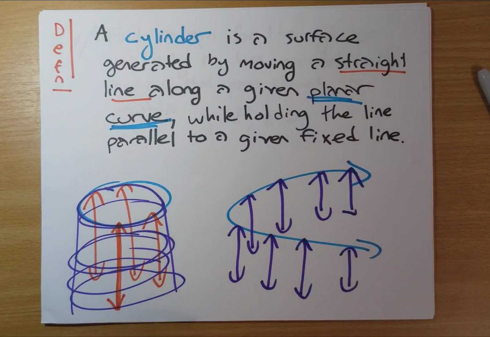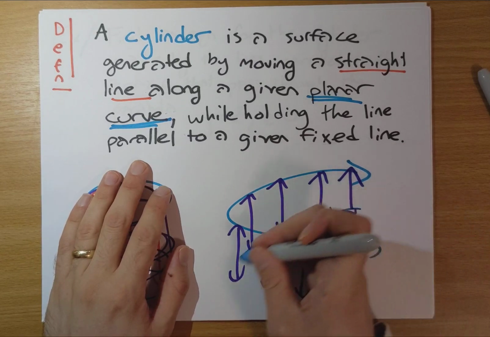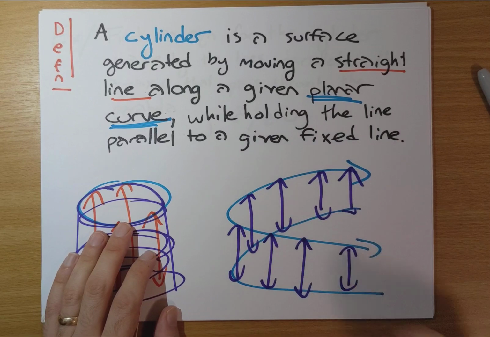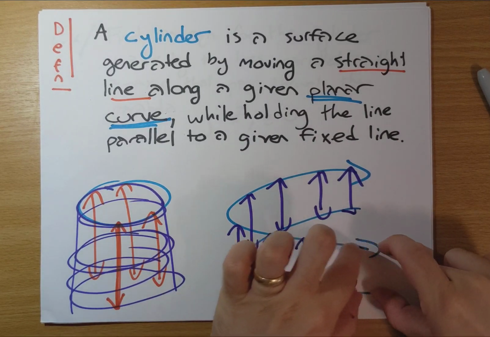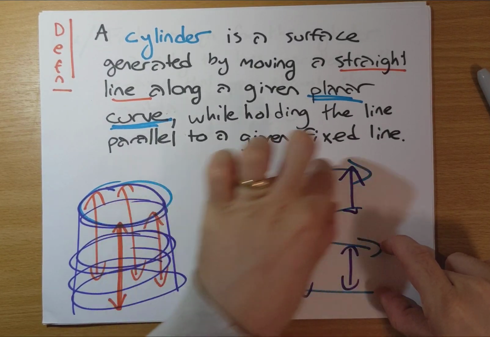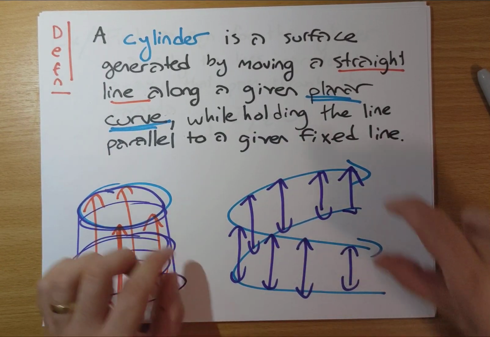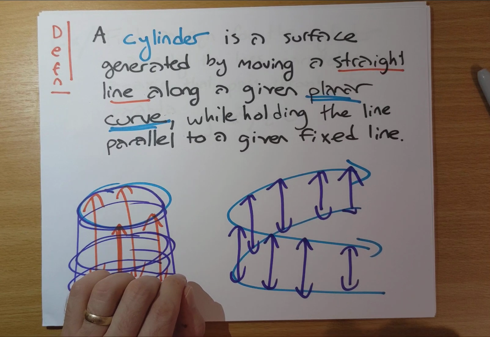You should start to see a 3D picture where you have this very thin strip that goes off in this direction forever, goes off in this direction forever, and has a fixed width to it.